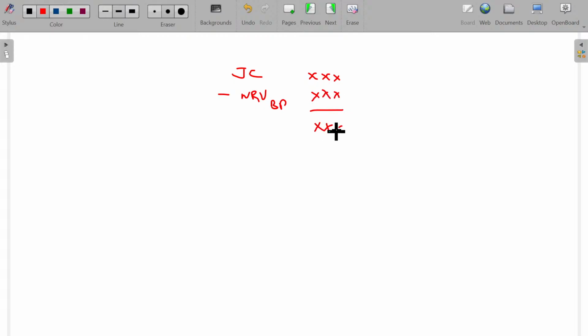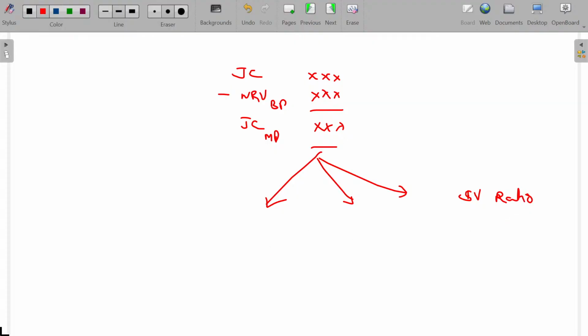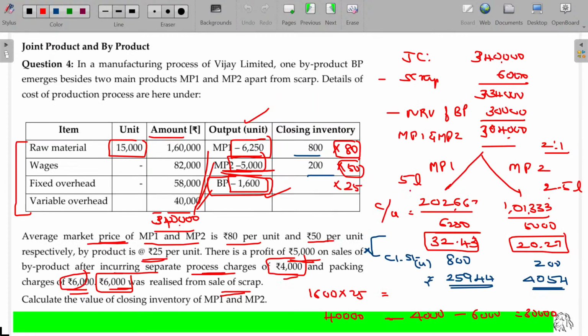Then you'll get joint cost for the main products. This will be shared between the main products using the sales value ratio. That's all. Very simple. Make a note of it. If it is clear, text me. We'll move on to the next one.